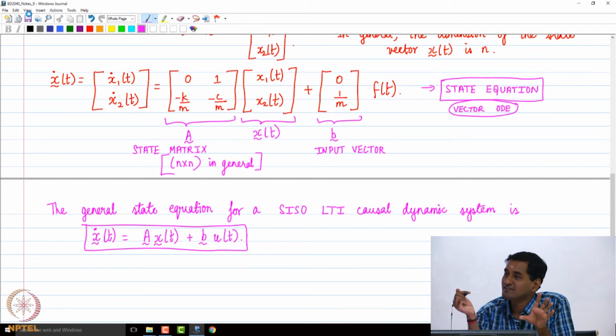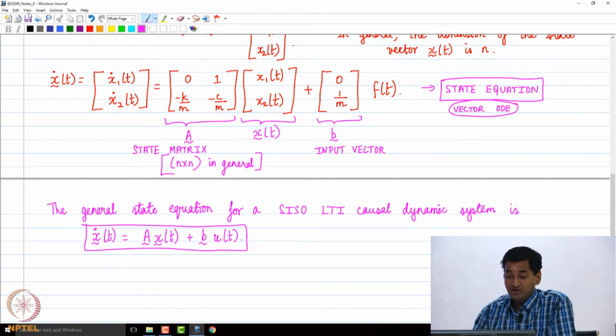So, you have some initial condition for the state and you give an input to the system, then the question becomes what happens to the state variables with time. That is what the state equation will tell me.